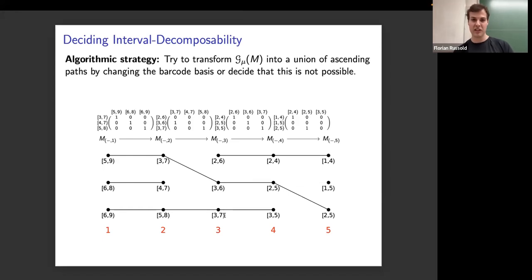And the remarkable thing is, under the condition that the intervals in each slice are different, so there are no two same intervals in the same slice, then if you try to reduce these matrices to this normal form, or you try to untangle these edges, if you get stuck at some point, then you can actually decide that it is not interval decomposable.